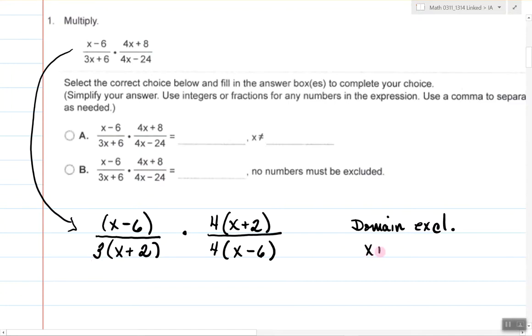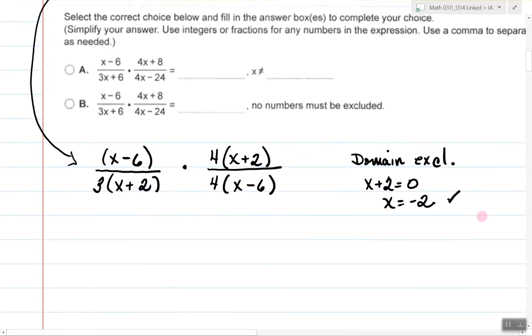But if x plus 2 is 0, that means x is negative 2, and that is a domain exclusion. Do not let x be negative 2. On the second denominator, 4 can't ever be 0. But if x minus 6 is 0, that means x is 6. So when x is 6, this denominator goes to 0.